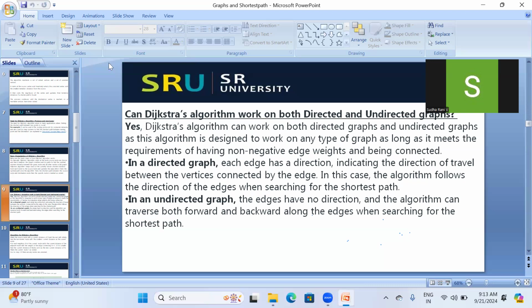In the example, see here, I'm trying to draw one graph.